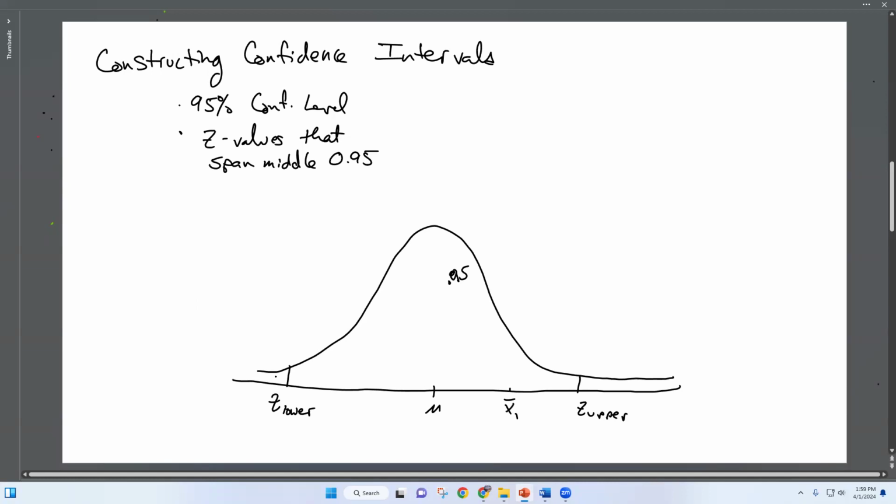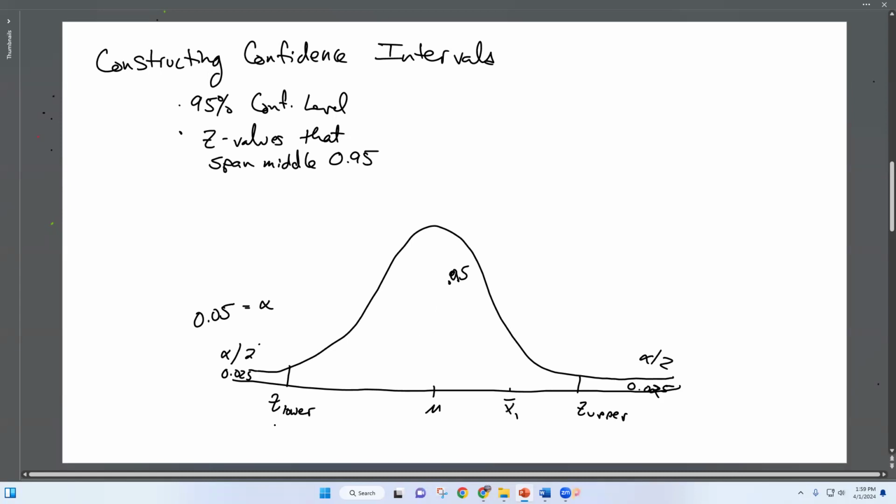If the area in both tails is 0.05, which we'll call alpha, and I'll talk about alpha in a minute, this is going to be alpha over 2 and this is going to be alpha over 2 for the area. Alpha over 2 in this case is 0.025, and this is 0.025. Those two add up to 0.05. We subtract that from 1, and in the middle we get 0.95.